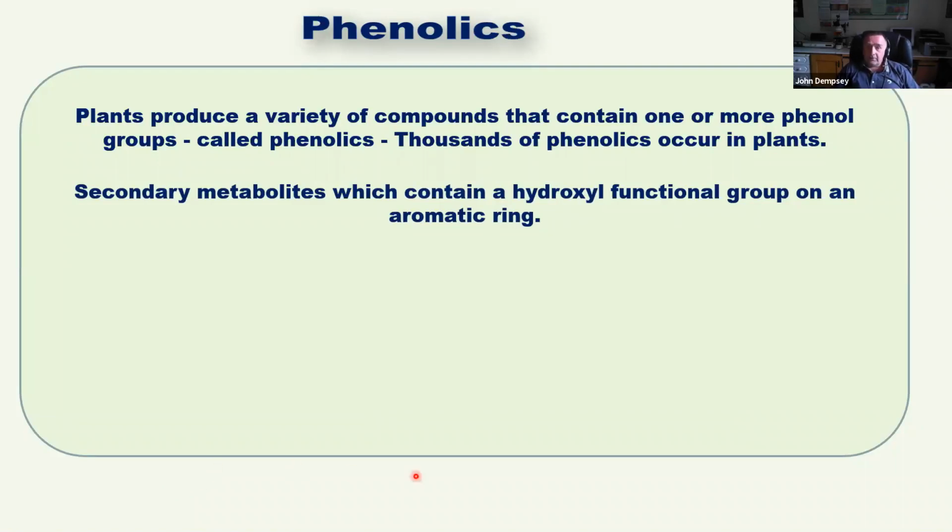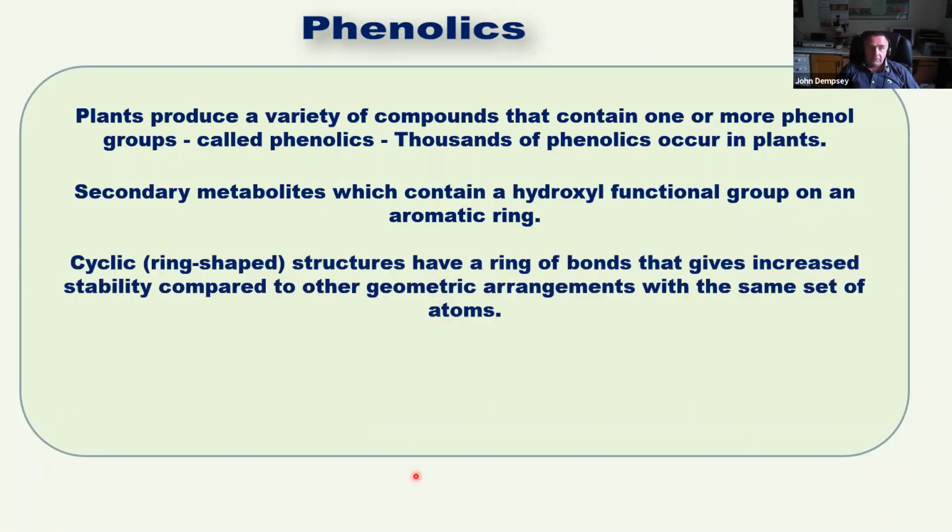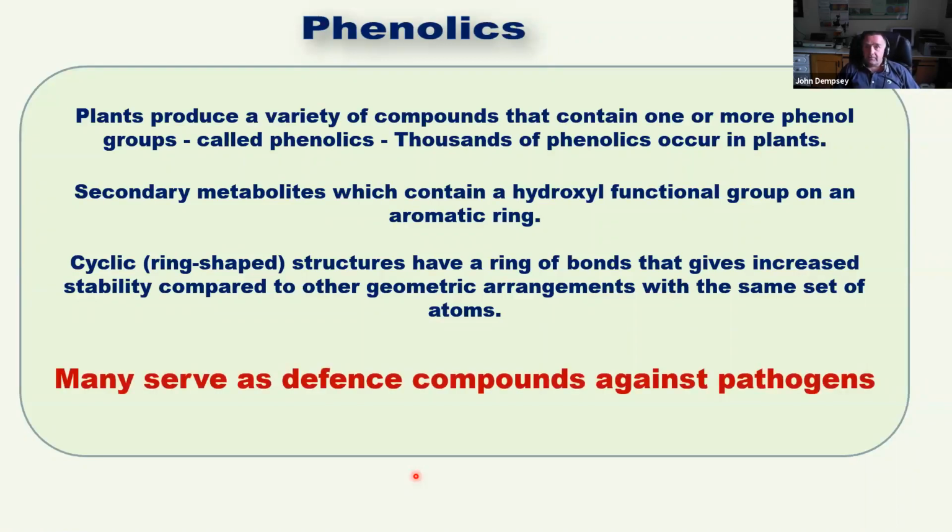Phenolics are what's called an aromatic ring molecule. So they're ring shaped, which basically means they're very strong compared to other shapes. What we need to know is that they're produced in numerous types of compounds in plants, and a lot of them are very important for a whole range of defense mechanisms.